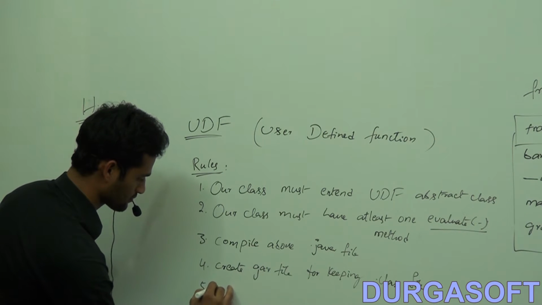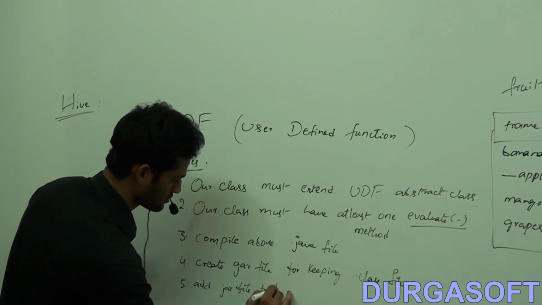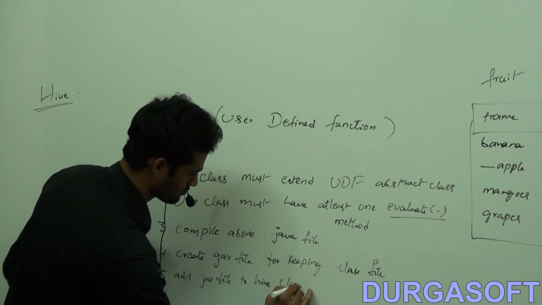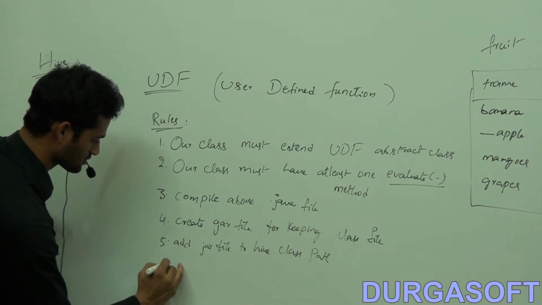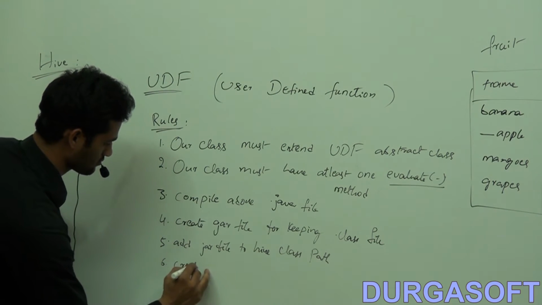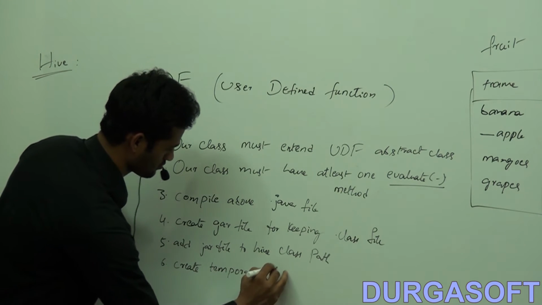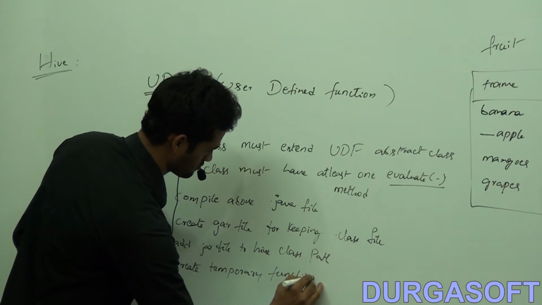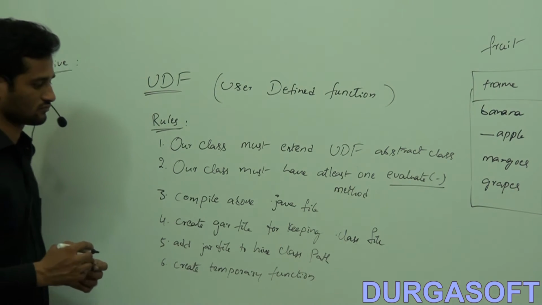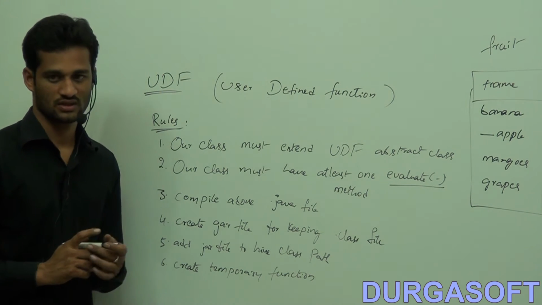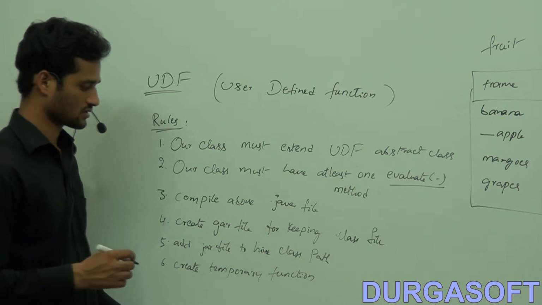Fifth step: add the jar file to the Hive classpath. Last step: create temporary function.